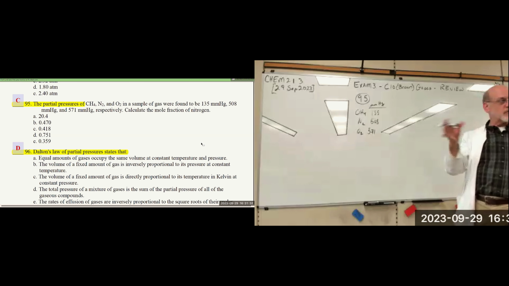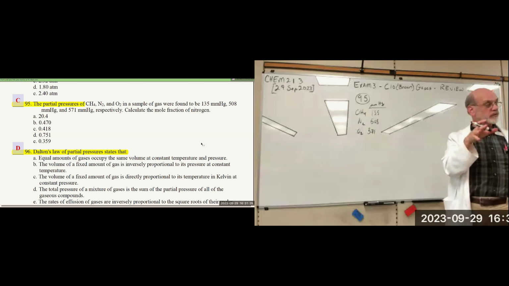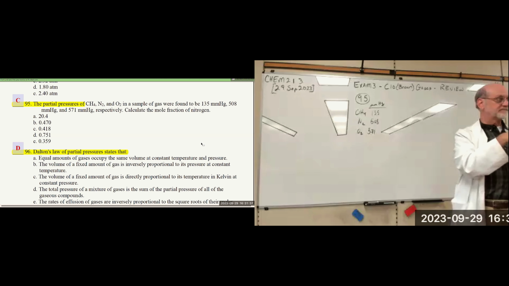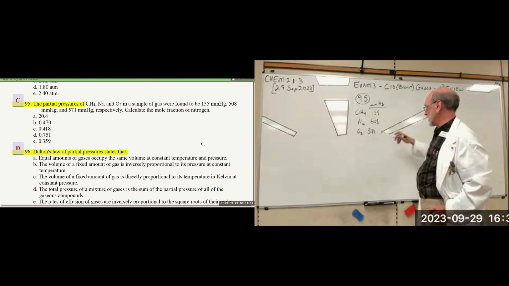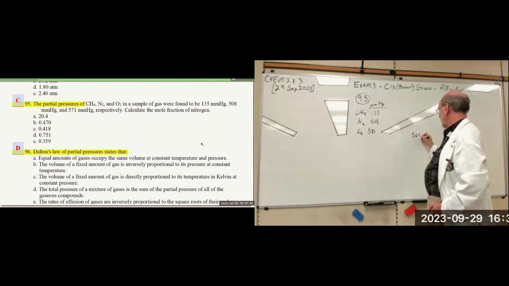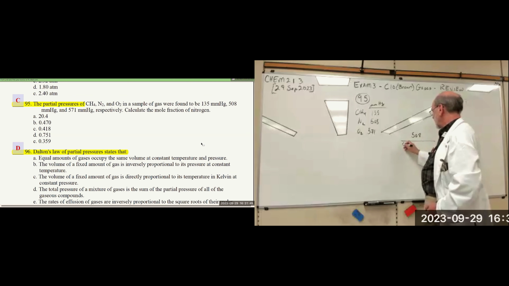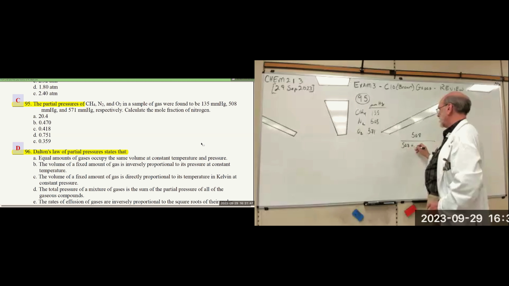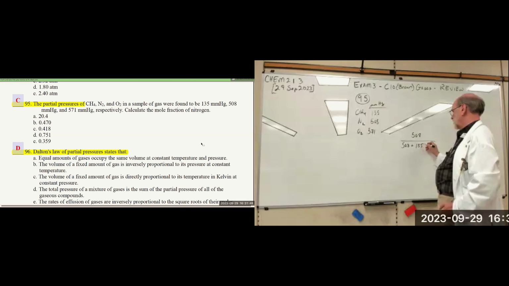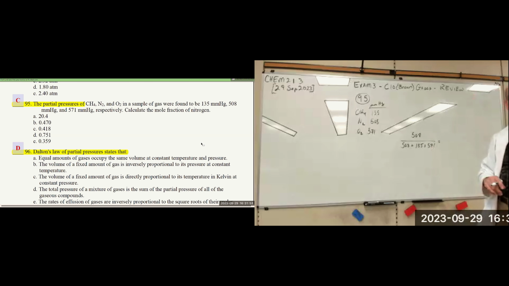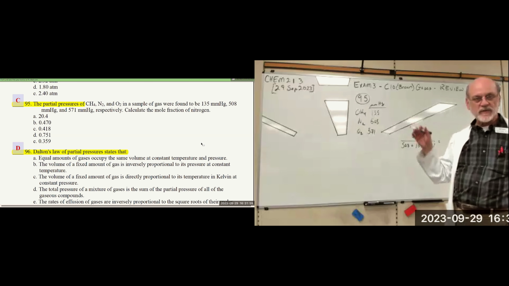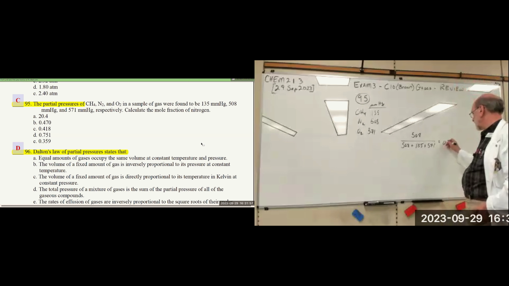Well, the mole fraction is proportional to the pressure. The number of moles determines the pressure. You want this one right here, nitrogen, 508, divided by the sum. That'll be your mole fraction. If I do my math right, it should be 0.418.